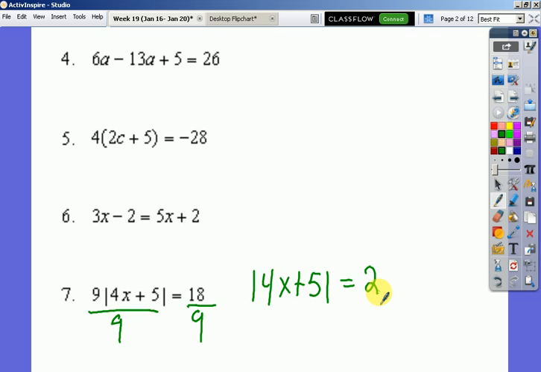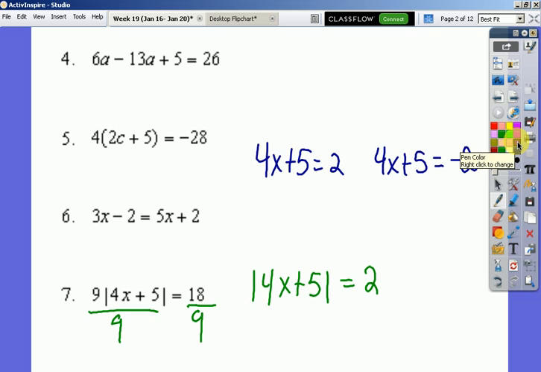Yes. I separate them into 2. I generate 2 equations. One of them being what? Yeah, 4x plus 5 equals 2, and 4x plus 5 equals negative 2. Okay, so do take notes on this one, especially if you have a little bit of a wrong idea about it. It's just a matter of reminding ourselves, okay?